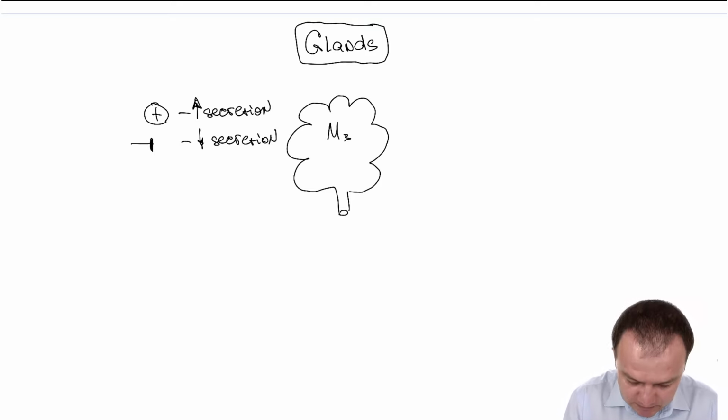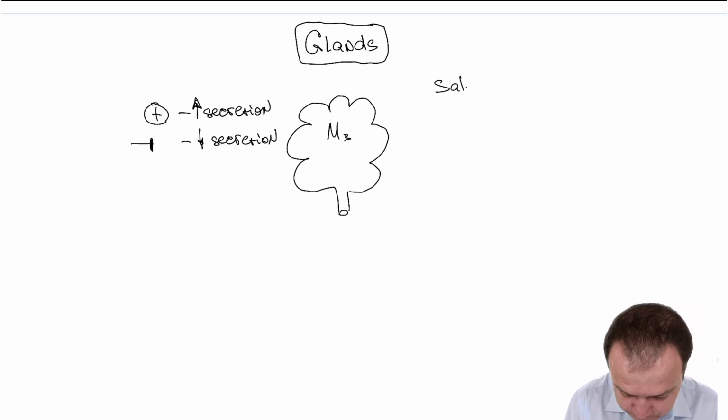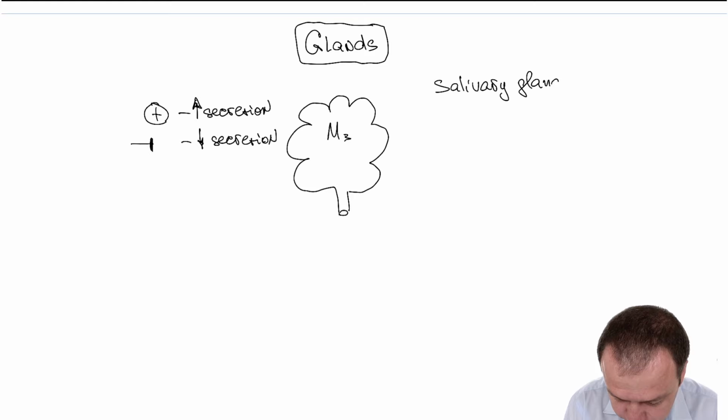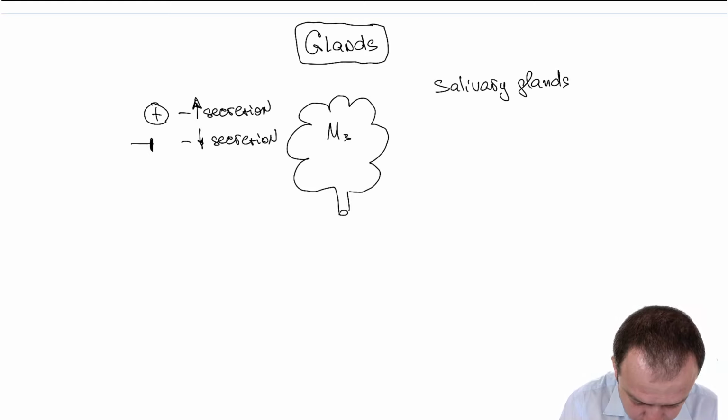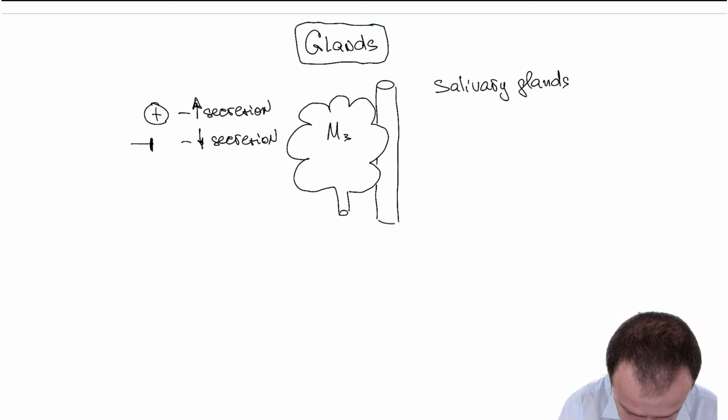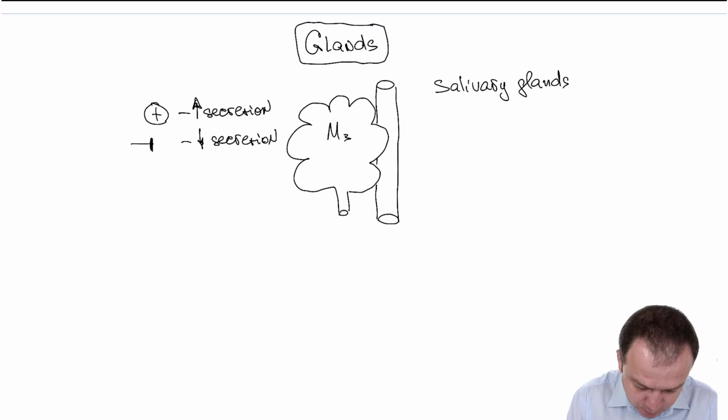If we're talking about salivary glands, you know that we have vessels that come in to the glands, and inside vessels we have alpha-1 adrenergic receptors.